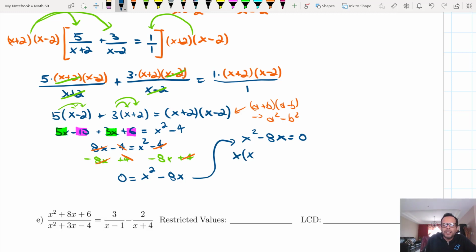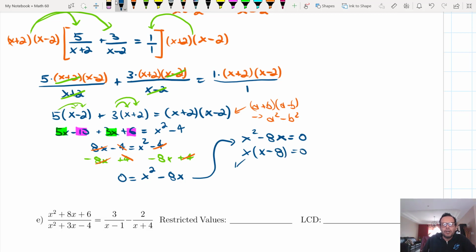Next, we can factor out on the remaining equation. All right, we can factor out the greatest common factor. In this case, factor out an x times x minus 8.